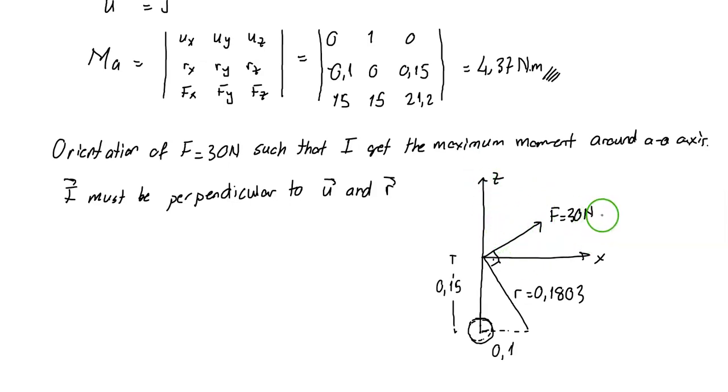So my force vector lies on the xz plane. If this is 0.1 and 0.15, my force vector orientation will be like 0.1 here and 0.15 here.